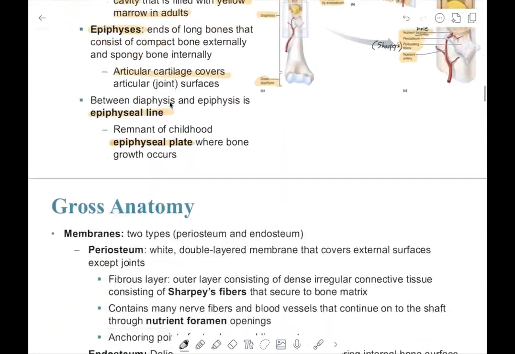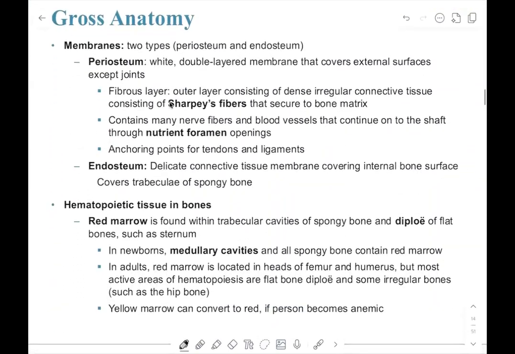On the next slide, we have these membranes in a little more detail. Remember, they're the periosteum and the endosteum. The periosteum is the double-layered membrane that covers the external surface. The outer layer is a fibrous layer, which is connected to these Sharpey's fibers.